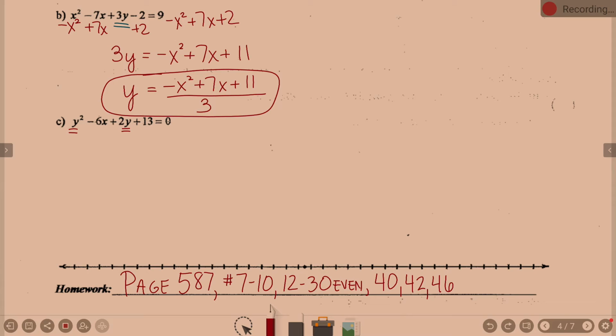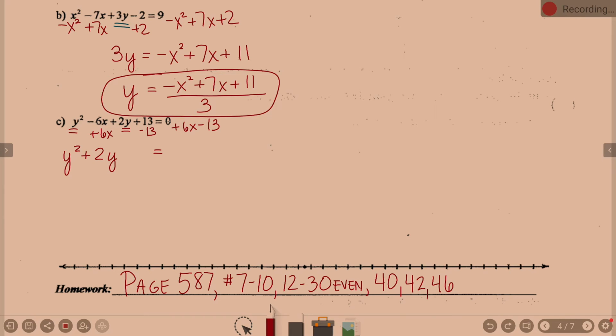This is an equation. I want to start by keeping my y squared and y term on one side, moving everything to the other side, which means I'm going to move my 6x and my 13. I'm going to add 6x over and subtract 13. So then I have y squared plus 2y, leaving a gap.